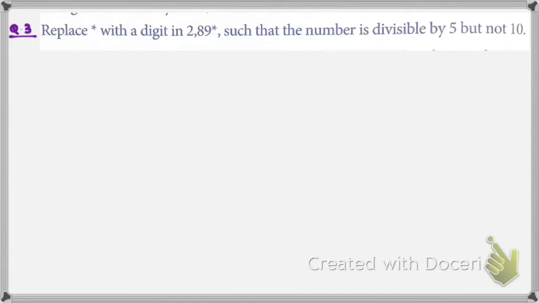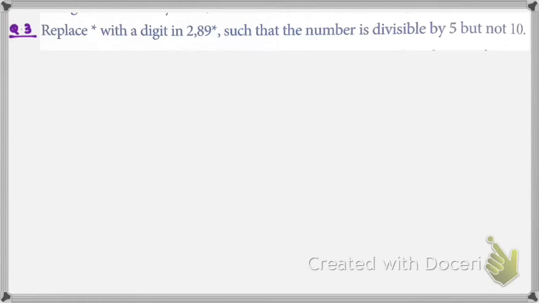If I place 5 as the last digit, in place of the asterisk, then it is divisible by 5 but not 10. But if I replace this asterisk by 0, then it will be divisible by both 5 and 10, and we do not want it to be divisible by 10.